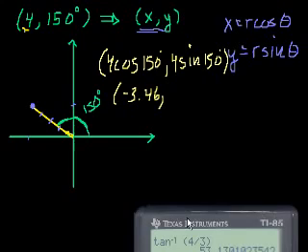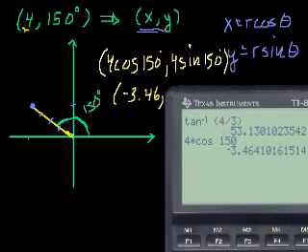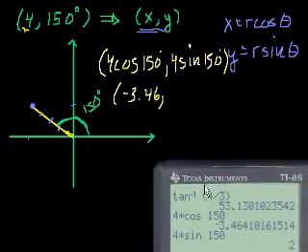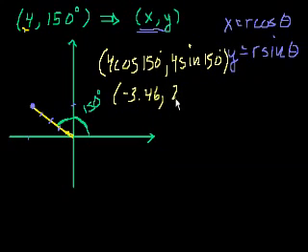And what is the y coordinate? It's 4 times sine of 150 degrees, which is equal to 2. And that makes sense, right? If we eyeball it, that looks about right. If we go 1, 2, 3, and a little bit more than 3, that looks like minus 3.46.